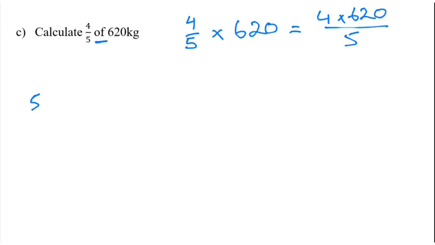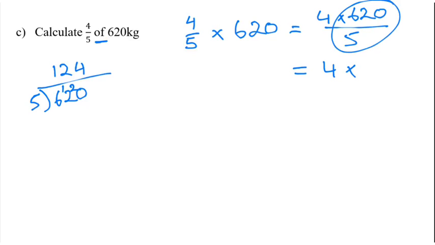So I'm going to do 620 divided by 5. So 5s into 6 is 1 with a remainder of 1. 5s into 12 is 2 with a remainder of 2. And 5s into 20 is 4. So this becomes the same as 4 times, and this 620 over 5 becomes 124.